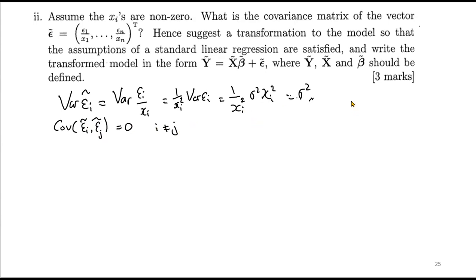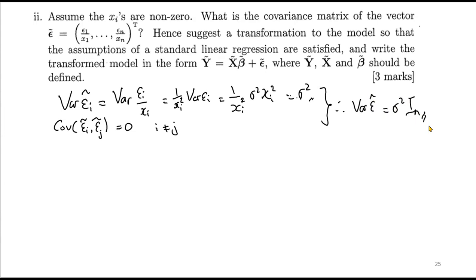Okay, so taking those two together, the variance covariance matrix of this transformed error term satisfies the usual assumptions that we need.